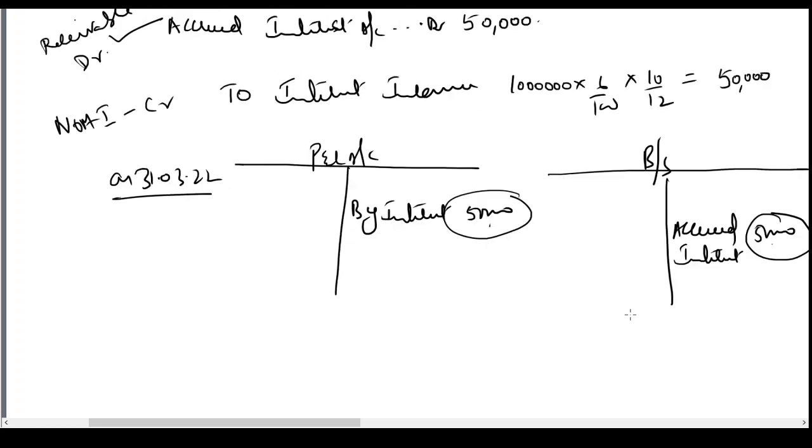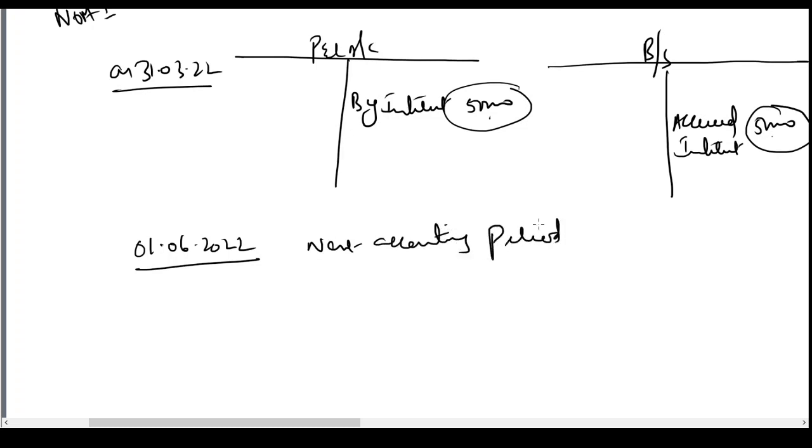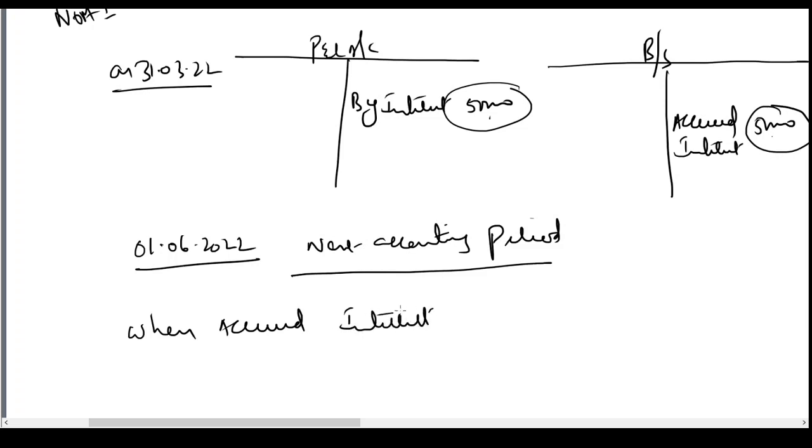Now what will happen in the next year? On 1st June 2022, that is the next accounting period, when accrued interest is received, I'm going to receive the accrued interest also.